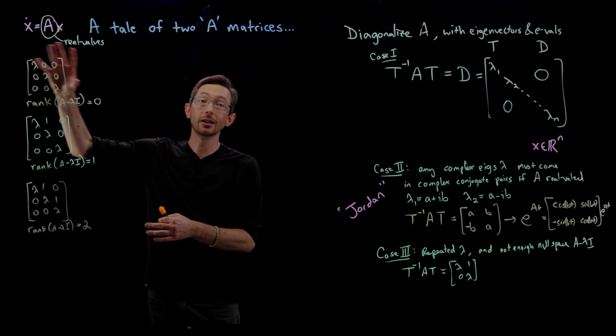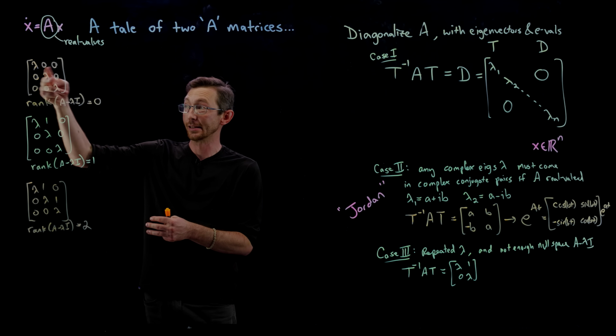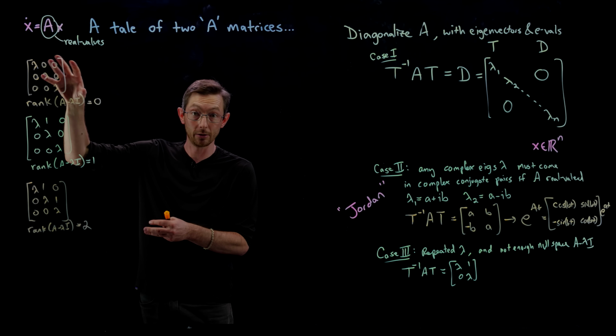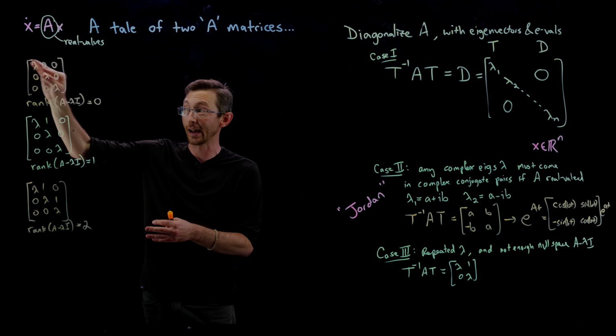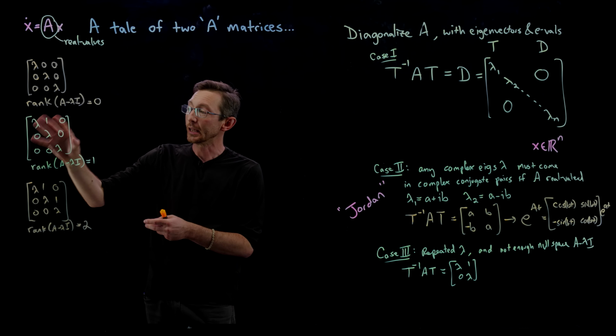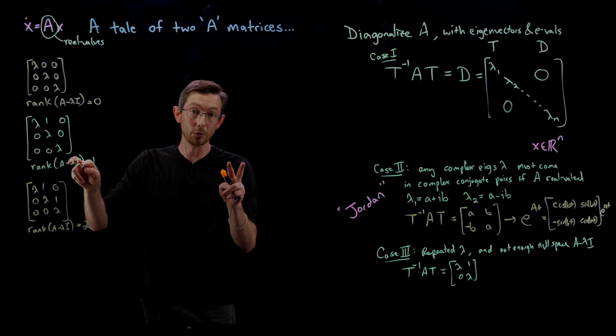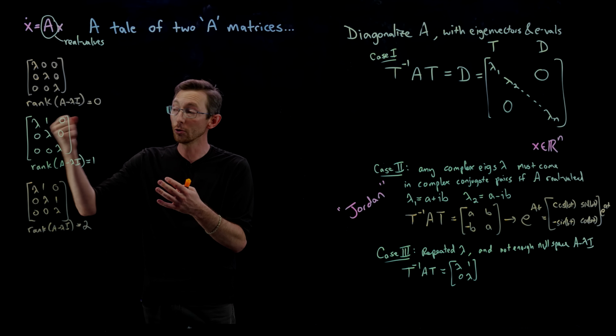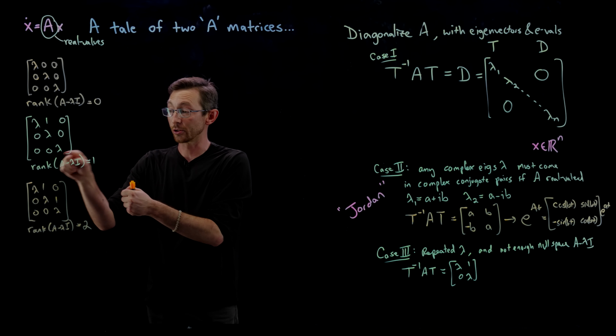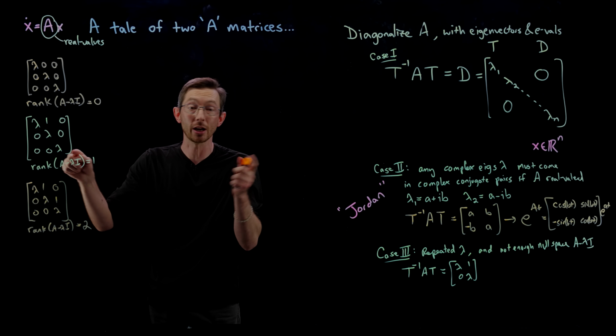So in the first case I don't need any generalized eigenvectors because my null space is 3-dimensional, so I get 3 orthogonal eigenvectors, and I can diagonalize my system. Here, if rank A minus lambda I is 1, so my null space is 2-dimensional, then I can find 2 good eigenvectors directly, and I only need 1 generalized eigenvector.